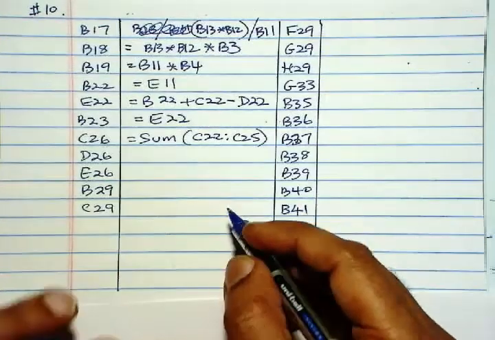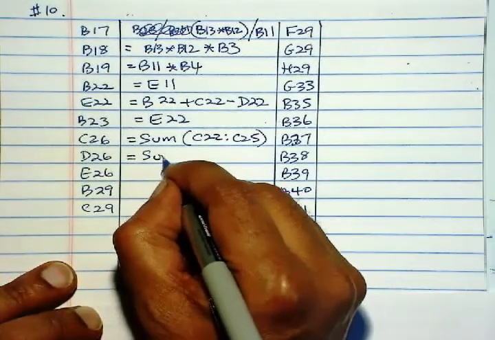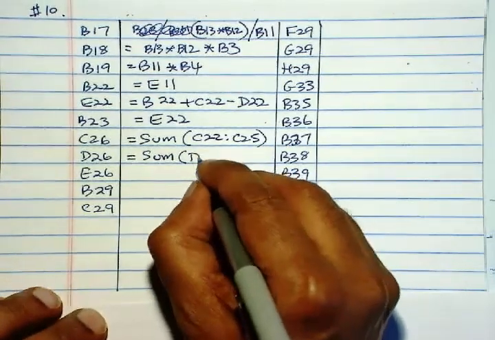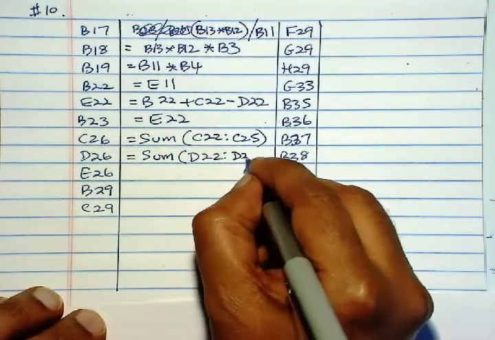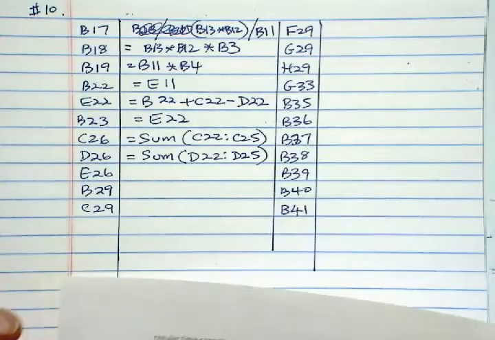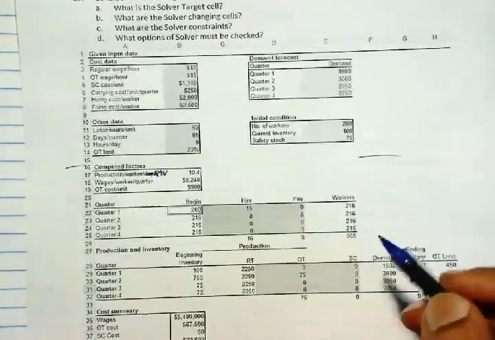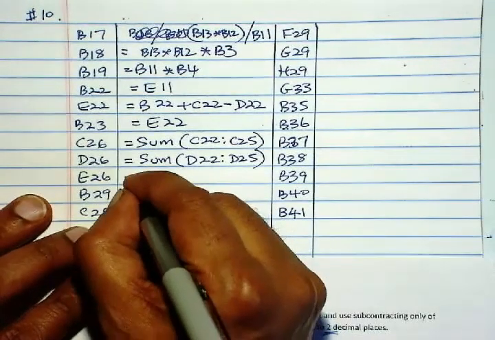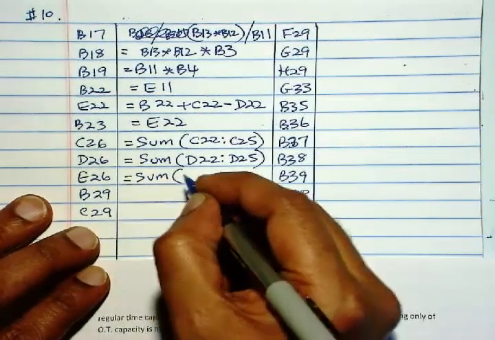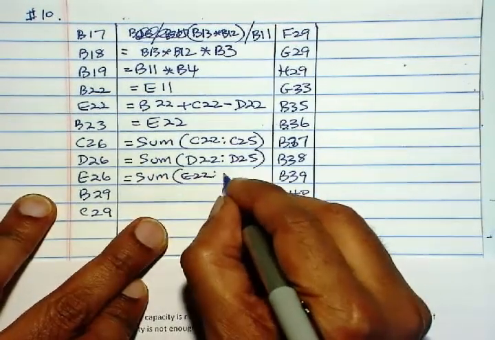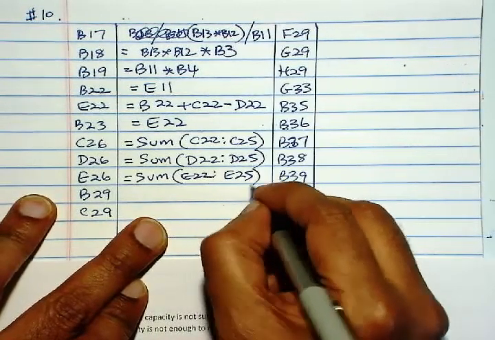So that is equal to sum of D22 through D25. And E26 is the same thing for number of workers. So E26 is sum of E22 through E25.